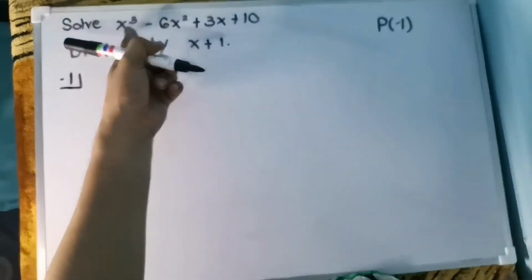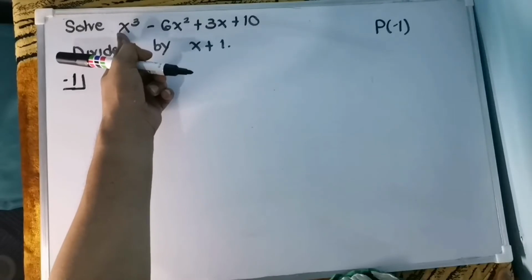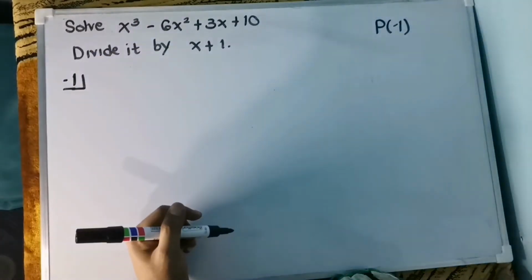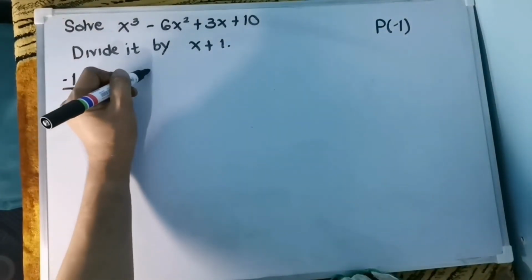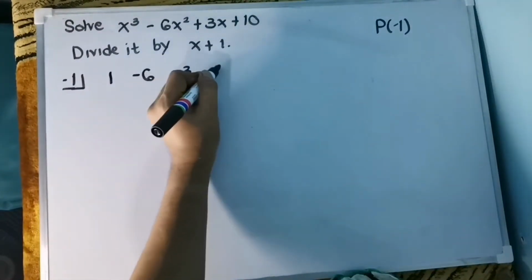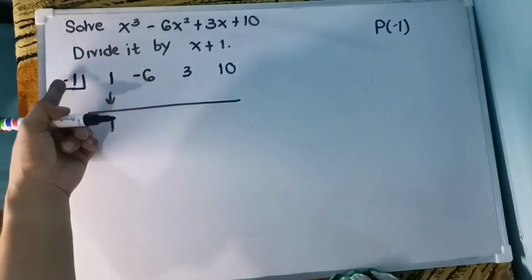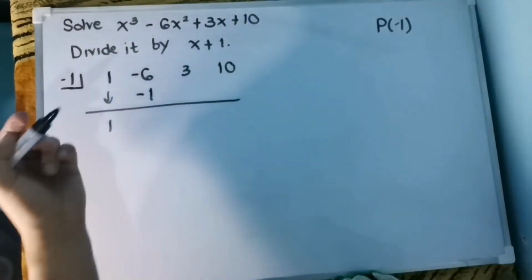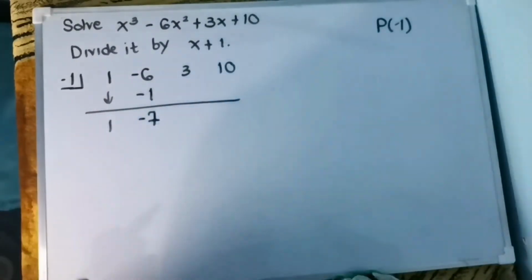So, kung mapapansin ay naka-arrange na yung ating mga exponent from the highest degree. So, therefore, we just write all the coefficients. So, we have here 1, negative 6, 3, and 10. Then, bring down lang natin yung 1. So, 1 times negative 1 is negative 1. Negative 6 minus 1 is negative 7.